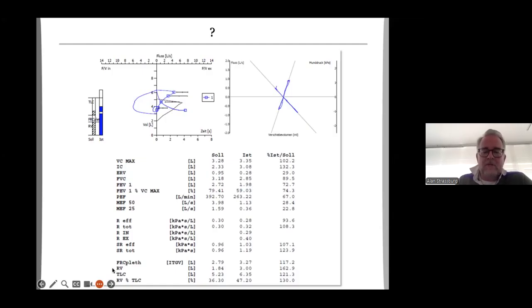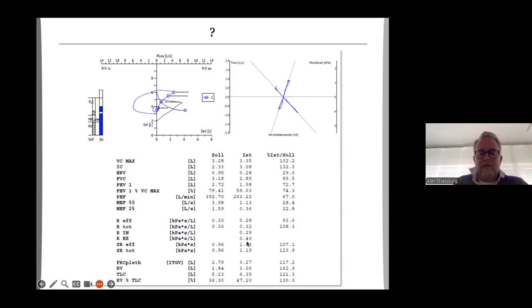The residual volume is more than 160% of normal, 3 liters, where only 1.8 liters should be. So that is quite usual for a COPD patient. And this is a lung function test of a COPD patient in stadium 2 after the GOLD criteria.